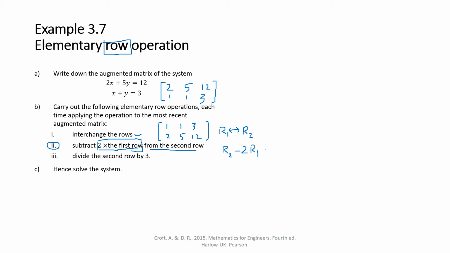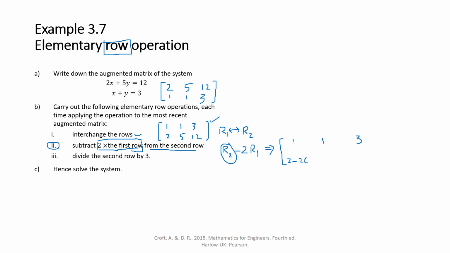So what does it mean? I'm doing this on the augmented matrix, so we are changing the second row. The first row is not changing, so 1, 1 and 3. Then 2 minus 2 times of the first row.